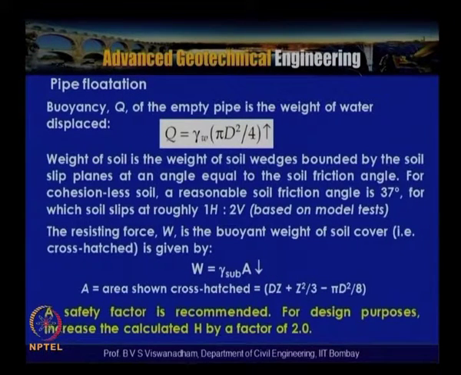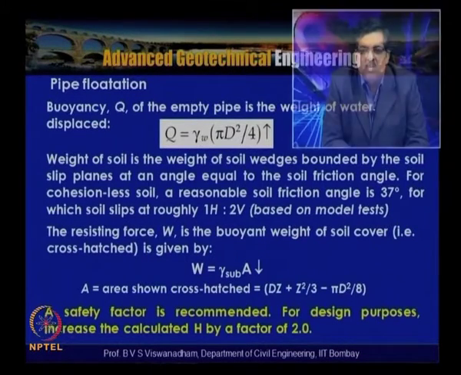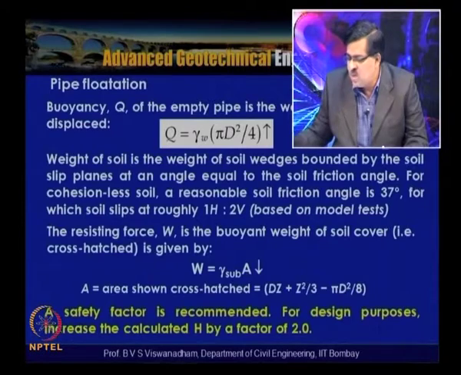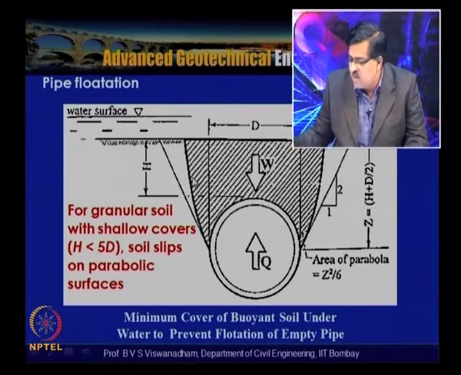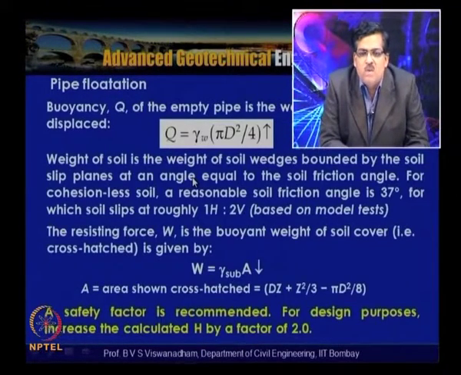The resisting force W is the buoyant weight of the soil cover that is cross hatched. The resisting force is taken in this particular zone: the rectangular portion, and these small portions shown hatched, these parabolas here and here.